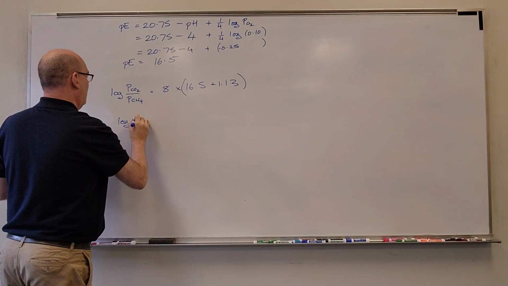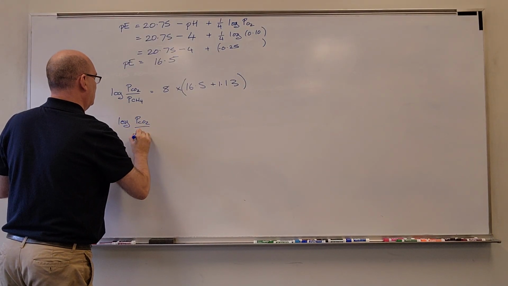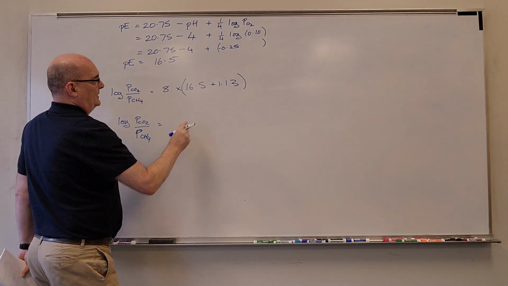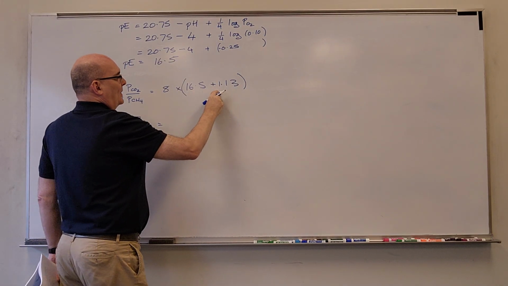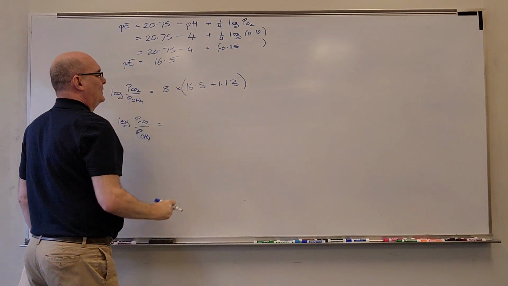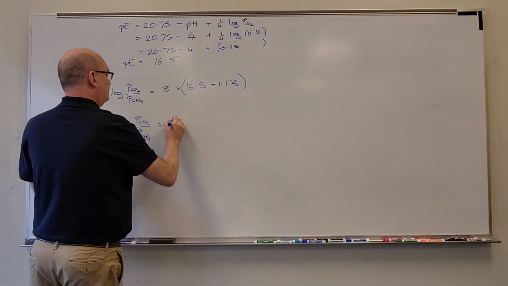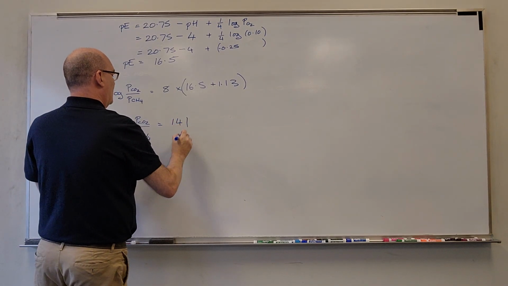So the log of PCO2 to PCH4 is 16.5 plus 1.13 equals what? You got 149,904. Okay. 141.